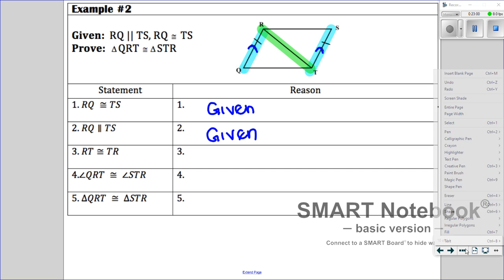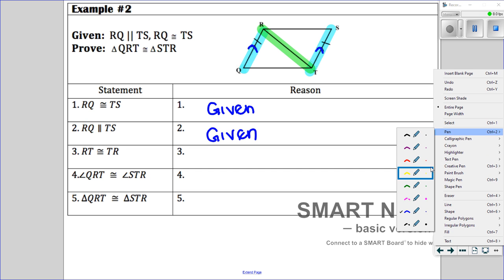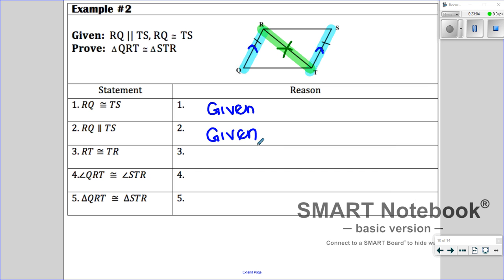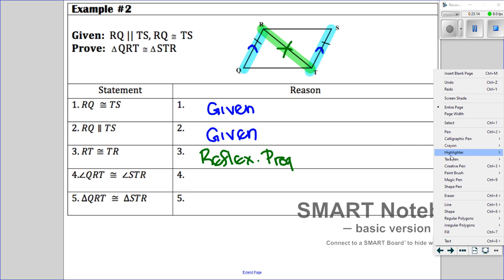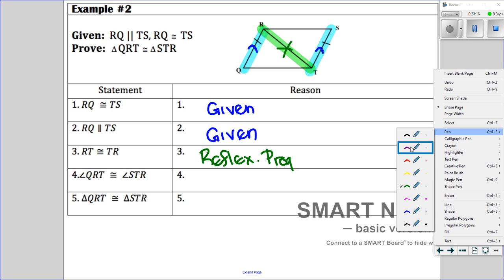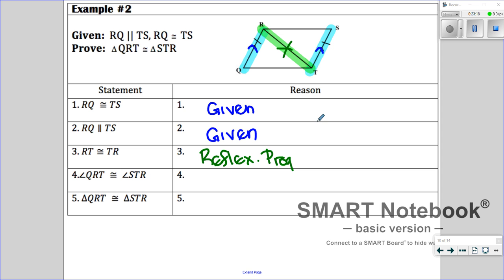And then the reason why is reflexive property. So I'm going to put reflexive property, just abbreviate to reflex prop. And now they said that angle QRT is congruent to angle STR. So QRT is congruent to STR.